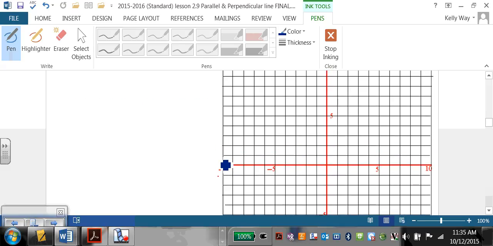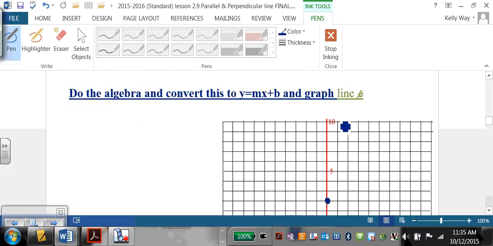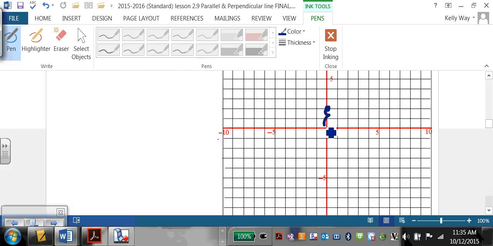Turn the page. Okay, so at positive 2. Count out the slope. Always write your equations down. And that's going to be line M.